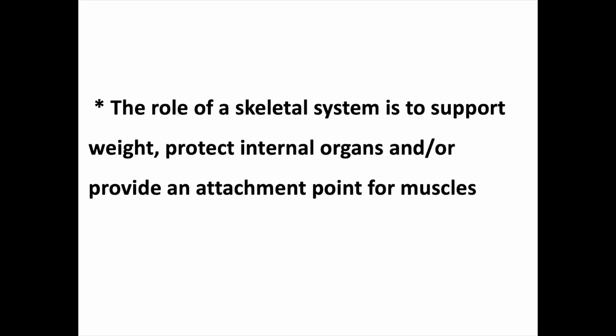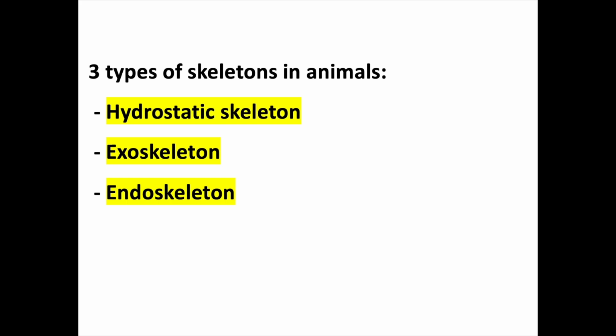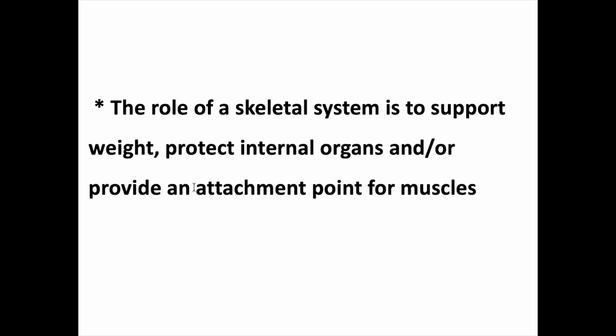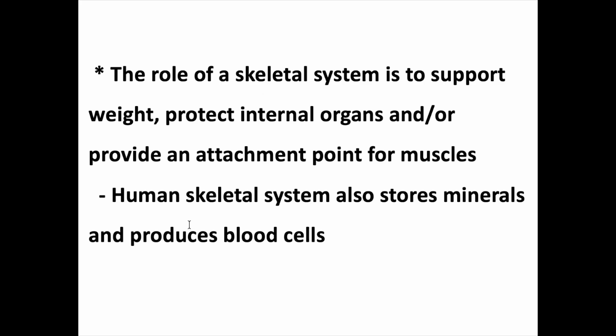And yeah, all 3 of these in different ways and to different degrees of success fulfill these functions, especially the attachment point for muscles. Now, that being said, I do want to point out that the human skeletal system does a couple of other cool things. In addition to this, the human skeletal system also stores certain minerals and produces blood cells.